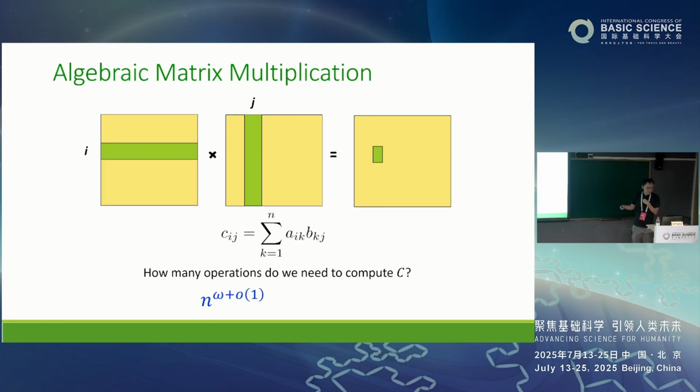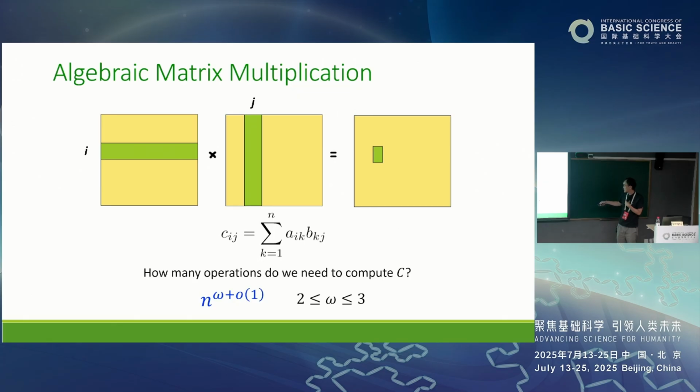The time complexity of matrix multiplication is usually denoted by n to the omega plus small o(1). So we care about omega. We know that omega is less than 3, because trivially, if we compute by definition, it is n cubed time: every element needs n operations.